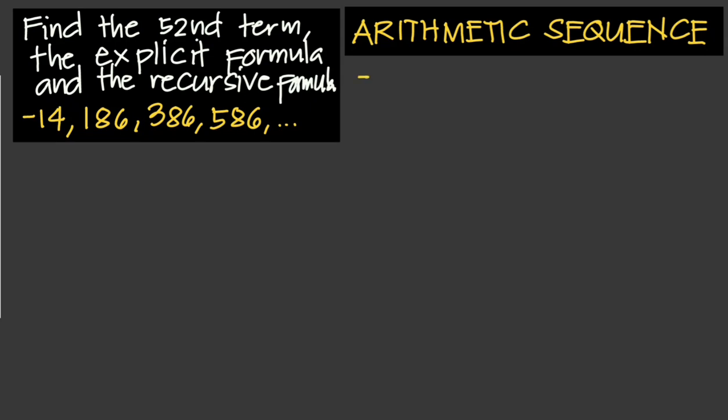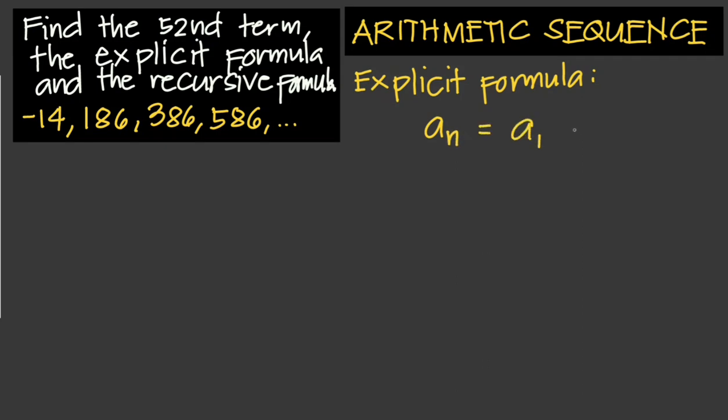So the standard explicit formula is just a sub n equals a sub 1 plus n minus 1 times d.